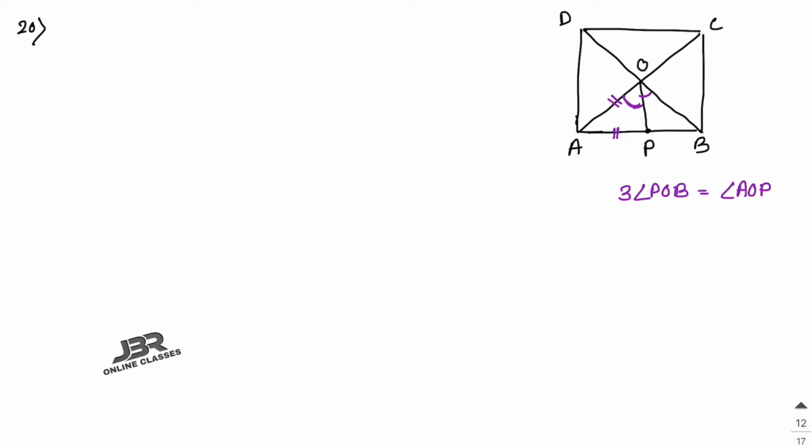As ABCD is a square, angle CAB is equal to 45 degrees, because each angle of a square is equal to 90 degrees. Now the diagonal bisects the angle, so diagonal AC bisects angle A, so CAB equals 45 degrees.